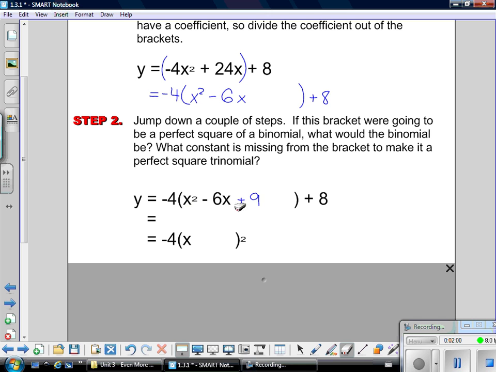The reason we did that is those three terms there become x minus 3 squared. Okay, now this line does not equal this line because we've changed the value of this by not adding and subtracting. So I'm going to stroke that out, but that's the process that we're going to be looking at.